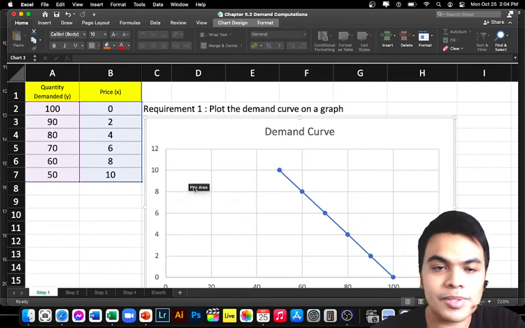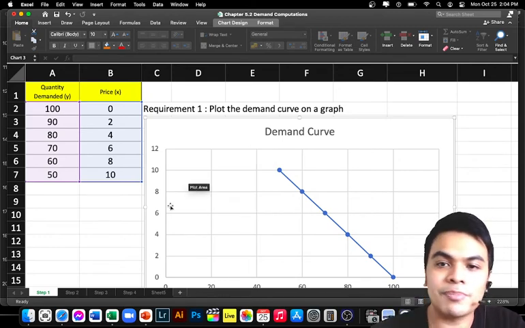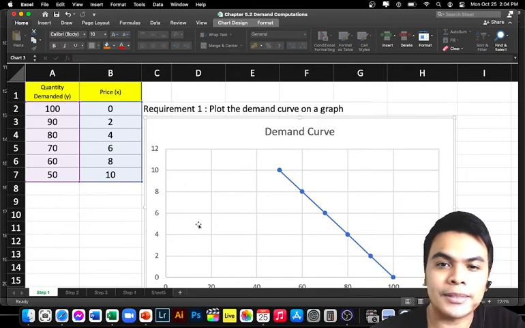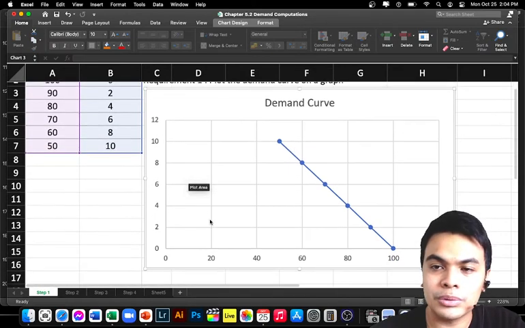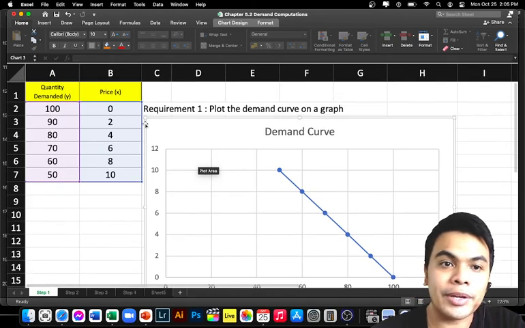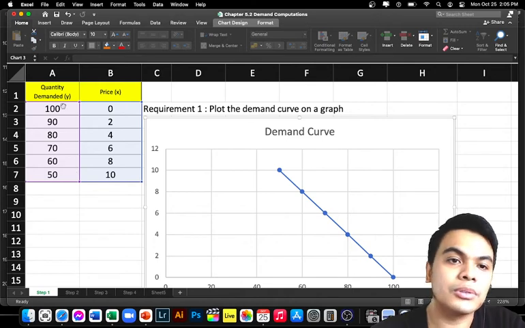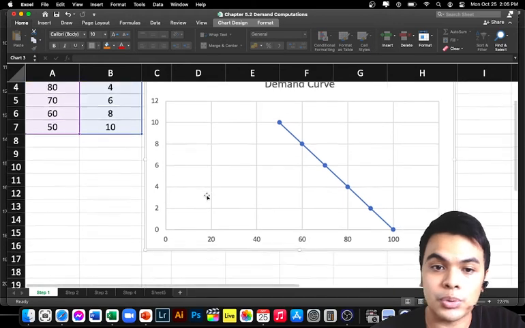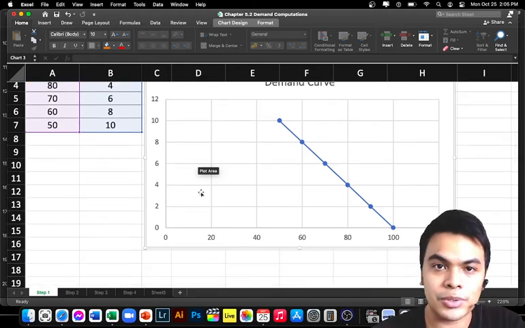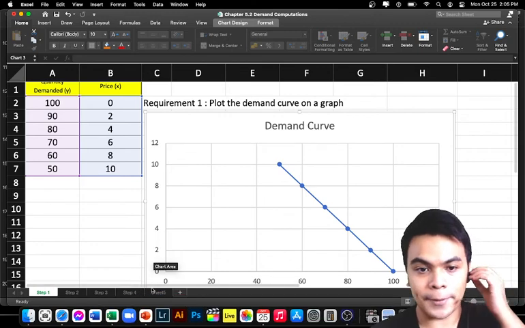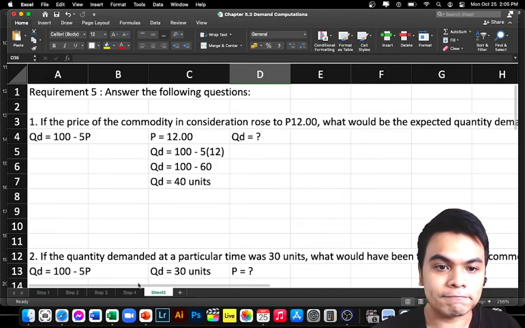But sometimes, they cannot dispose of everything, to the point that they have to throw away the vegetables. Loss. So on the part of the supplier, they also have to consider the optimum quantity of the supply to be produced. It is something we will discuss once we go to the supply concepts. But here, let us stay on the demand part.